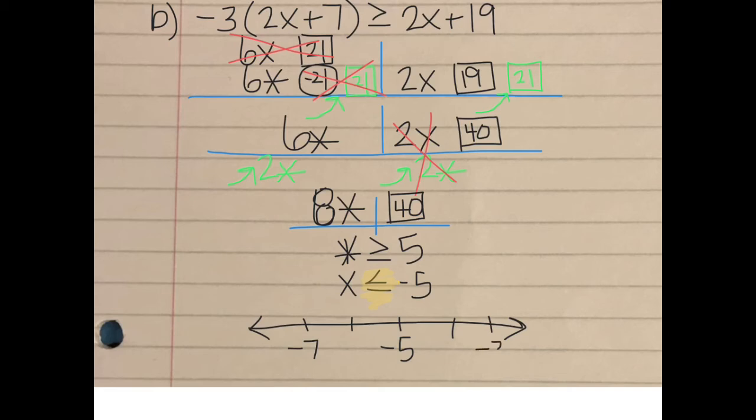When I go to the right, they're smaller. And now, when we have this or equal to sign, we're going to fill in our circle. And we need to point to all the numbers that are less than -5. And we know from our notes above that anything less than goes to the left and anything greater than goes to the right. So as soon as I see that less than symbol, I should make my arrow point to the less than side.